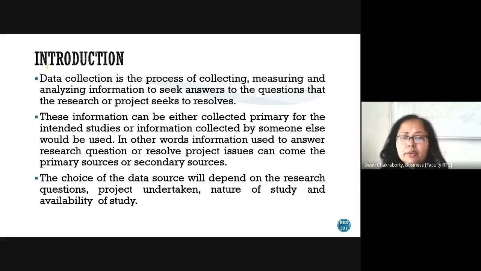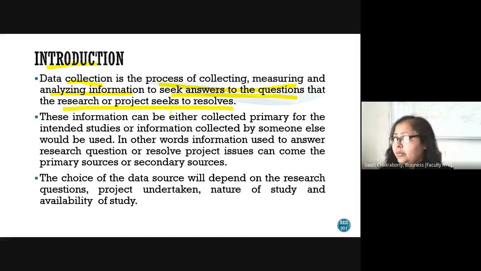So we start with an introduction as to what data collection is. Data collection is a process of collecting, measuring, as well as analyzing information, right? Why? For looking for answers to the questions that our research or project seeks to resolve.